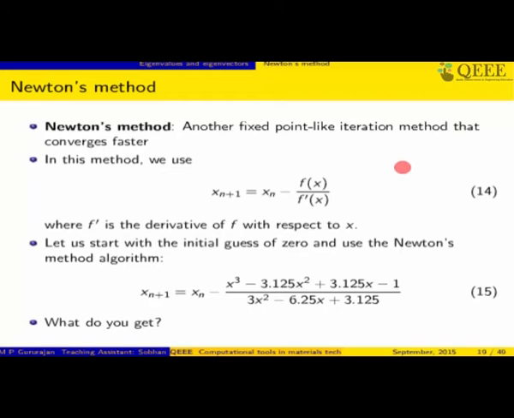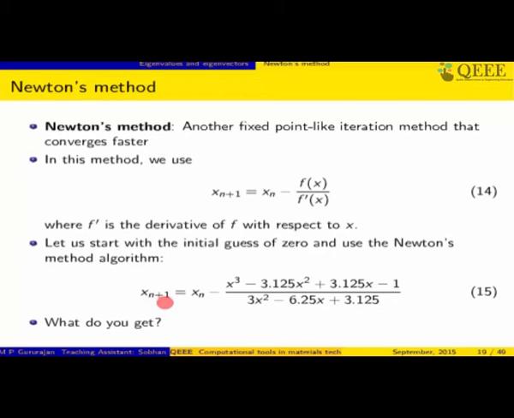Okay. So in this method, what we do is that we write it in the form x_{n+1} is equal to x_n minus the polynomial divided by the derivative of the polynomial with respect to x. Okay. So let us start with the initial guess of 0, and let's use Newton's method for our polynomial. So what do we get?